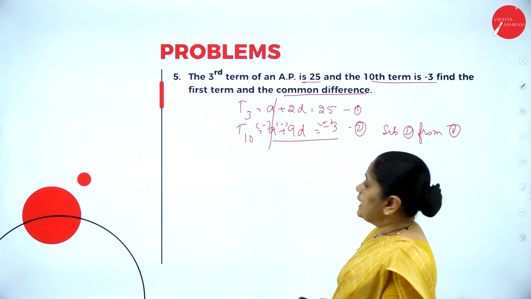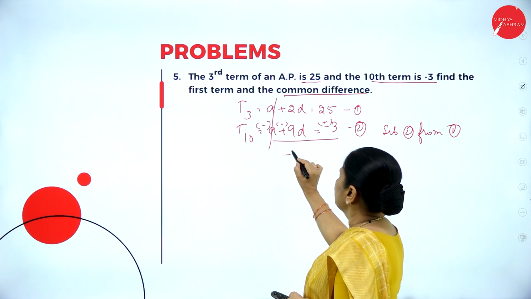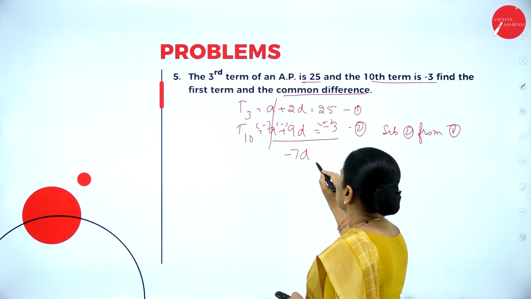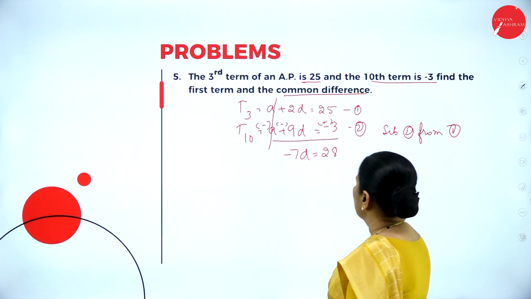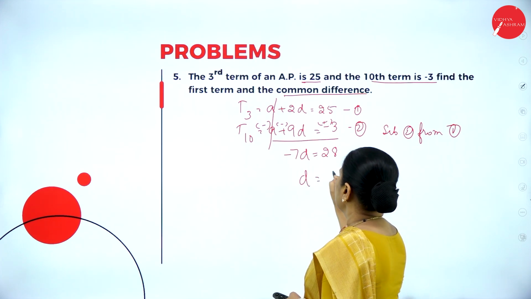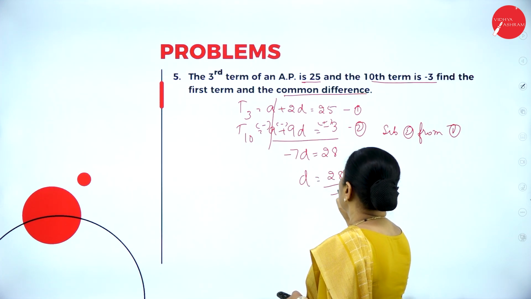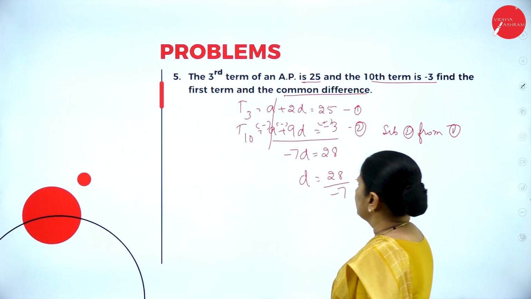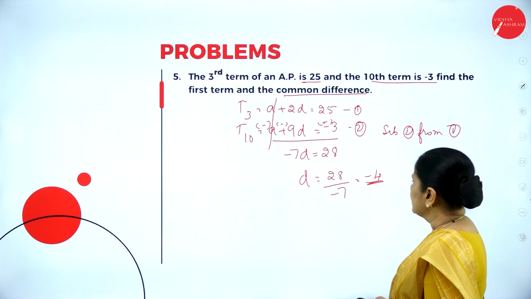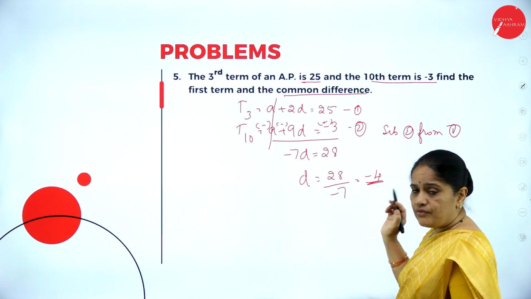So minus 9D plus 2D will be minus 7D equals 28. Minus 3 will become plus 3, so it becomes 28. So D equals 28 divided by minus 7. So D is equal to minus 4. So we got the common difference as minus 4.